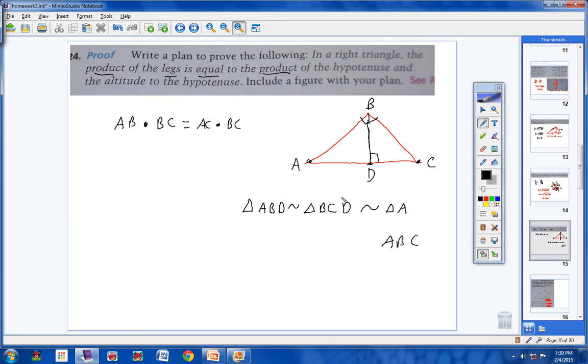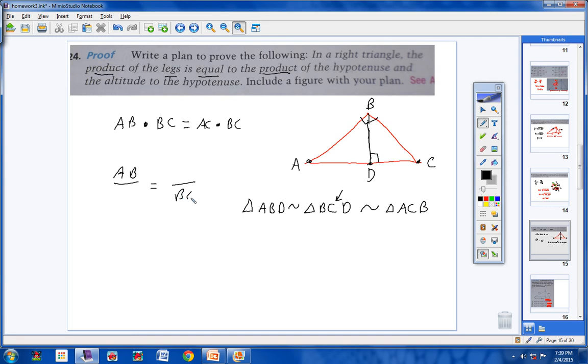Next is C. Well, if I'm going to put C next, okay, right here, then obviously C in the big triangle right here is congruent to C in the little triangle right here. They're the same angle. They share an angle. So next here would come C, and the only thing left is B. So there, I have my similarity statements. Now that's hopefully going to help a lot. Now remember, I'm trying to somehow get, let's set this up again, okay? I want AB times BC.